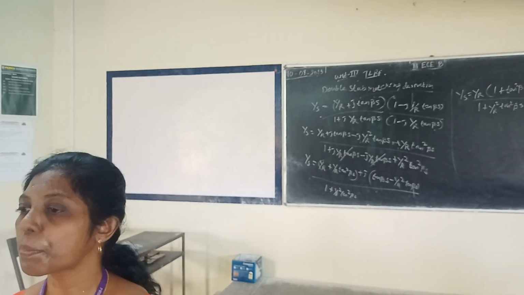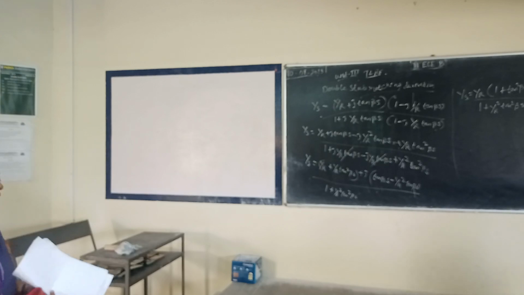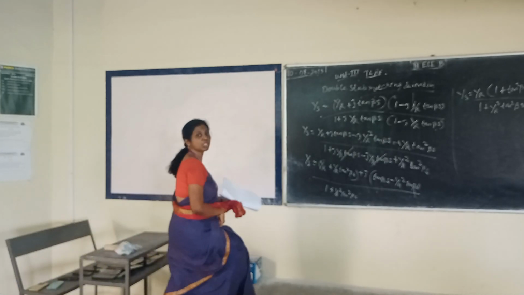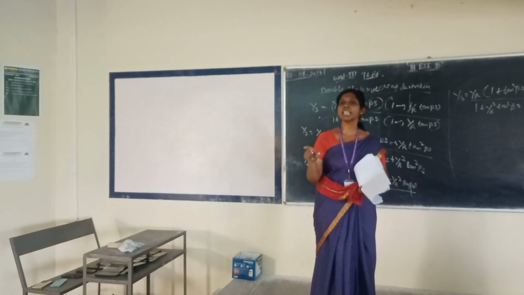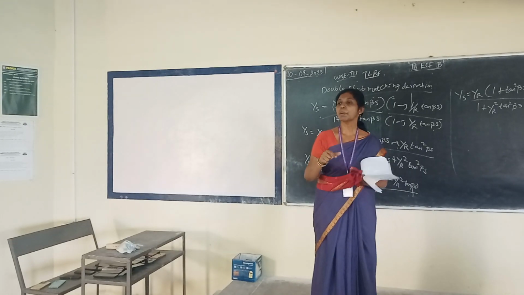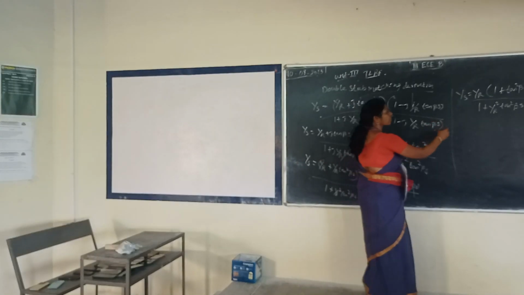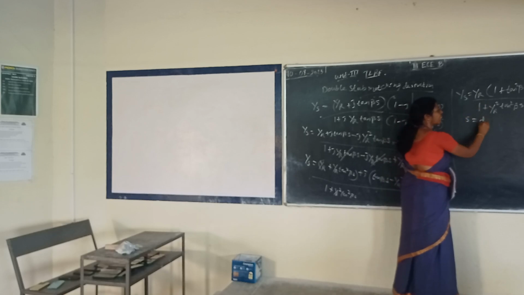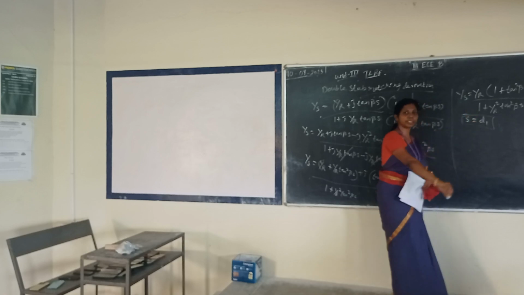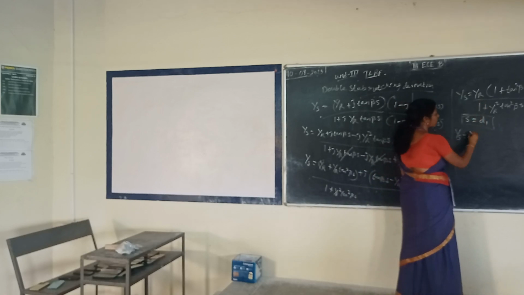In the place of S, substitute everywhere D1 and write equation number 5. Just substitute for step 1. For step 1 we take S is equal to S1, for step 2 we take S is equal to S2. That's all. So the distance is V1, S is equal to V1, and we just substitute in equation 4. S is equal to V1.